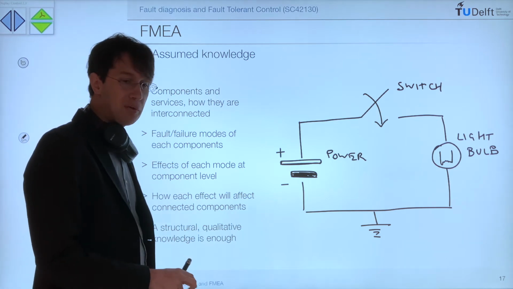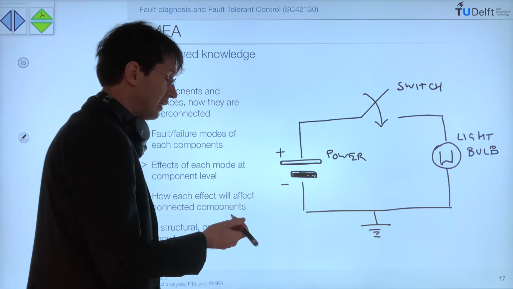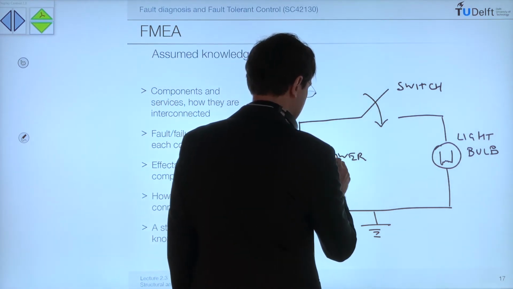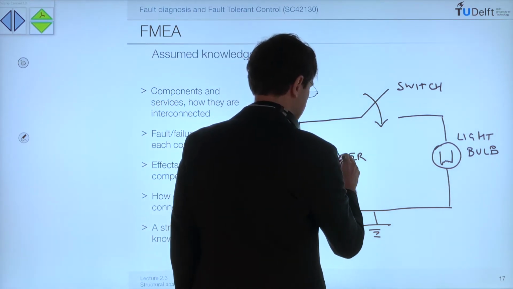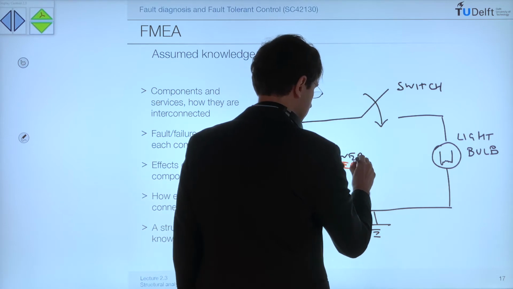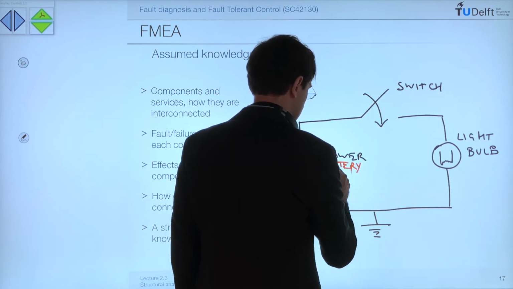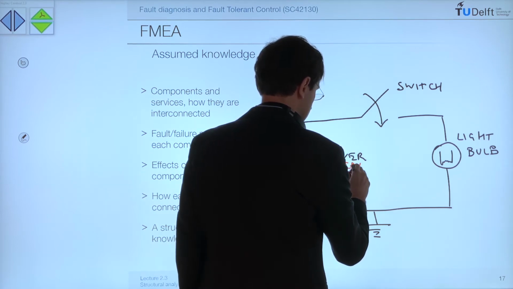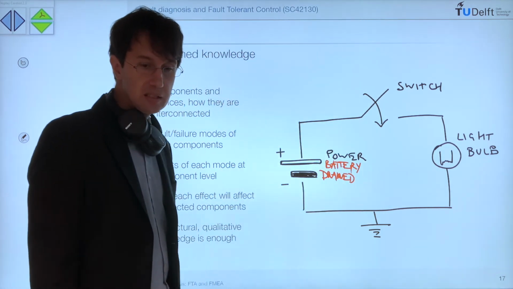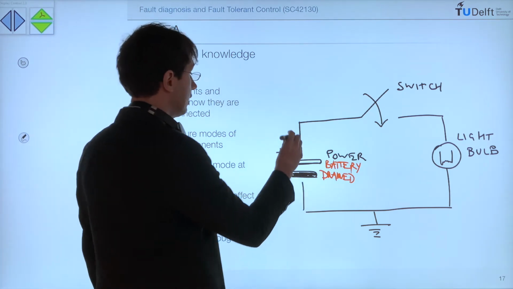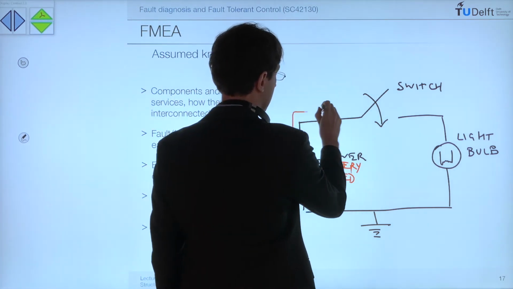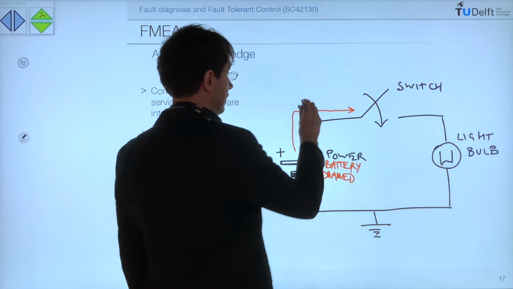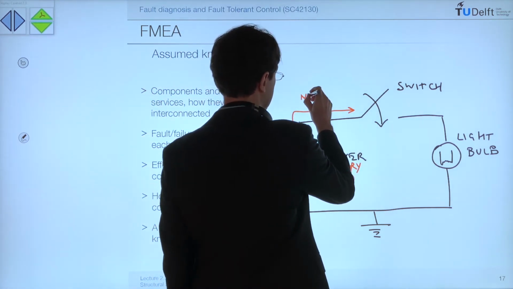Well, if you look at a power system, we can have a first fault that is due to the battery being drained. So no more juice in the battery. And this is causing an effect at this level, and the effect is we have no current.